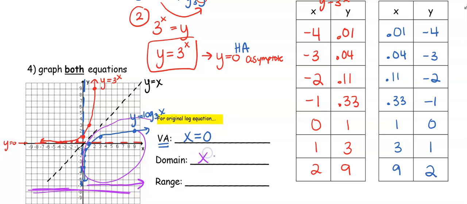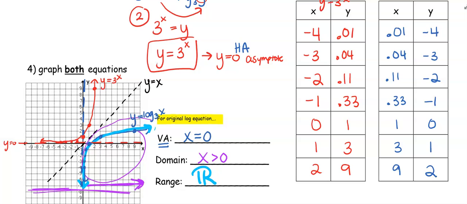It cannot be equal to 0 because 0 is the asymptote. X's are going to be greater than 0. The range, though, I'm forever going down, I'm forever going up and to the right. Remember, it's subtle, but it is still going up. So my range is going to be all real numbers.